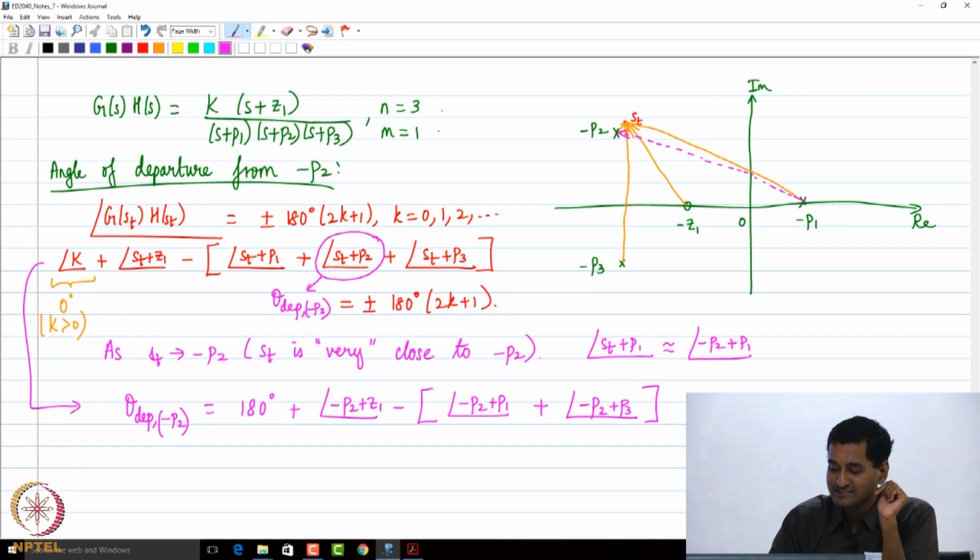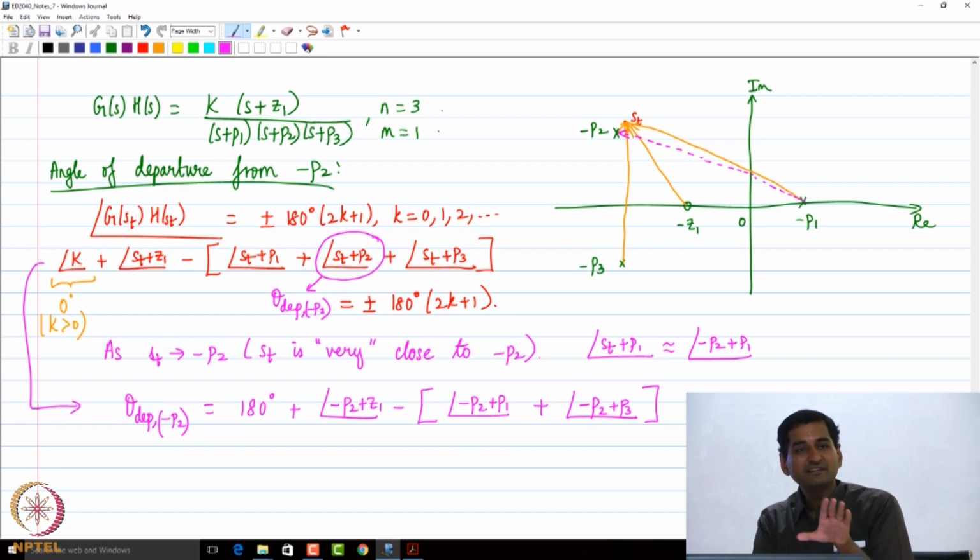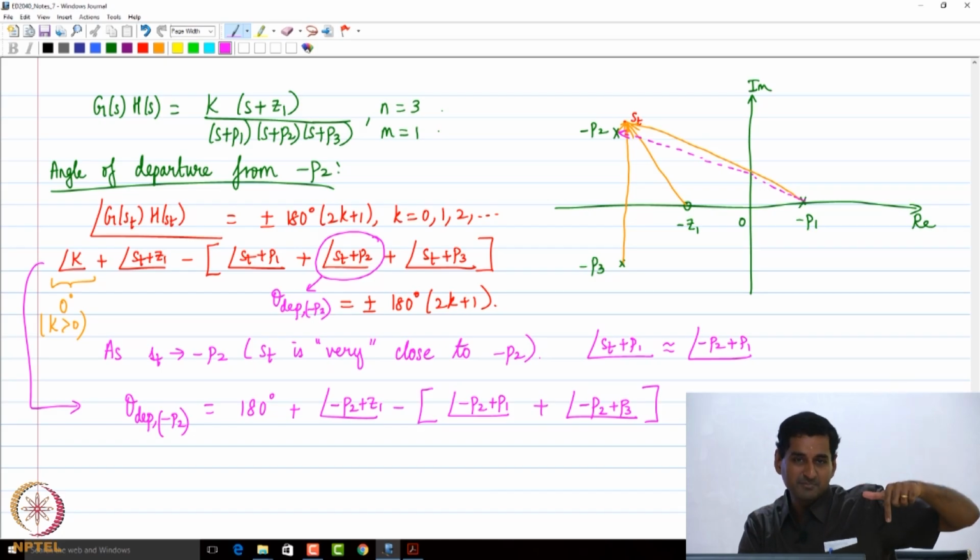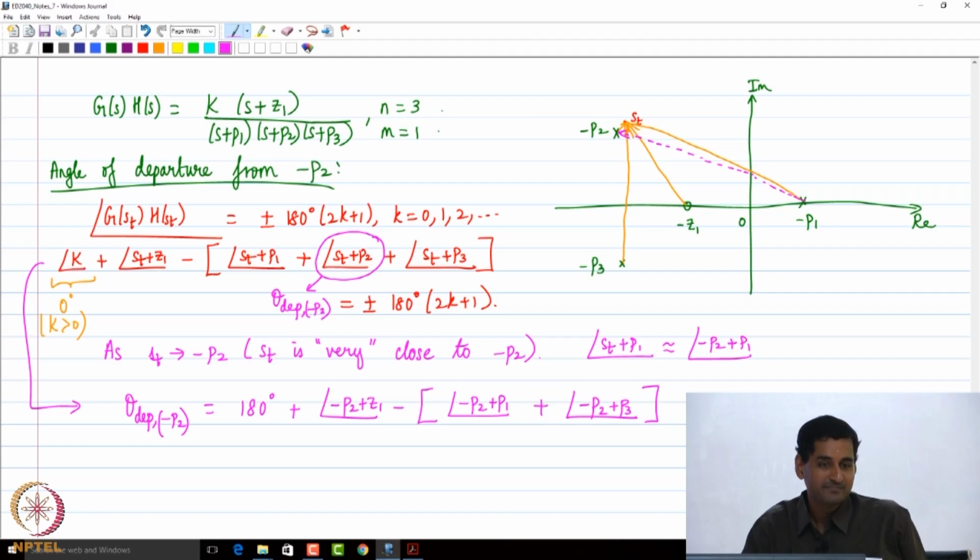And what are these two angles? These are the two vectors drawn from the remaining open loop poles minus P1 and minus P3 to the pole in question, which is minus P2. So that is what this step is.